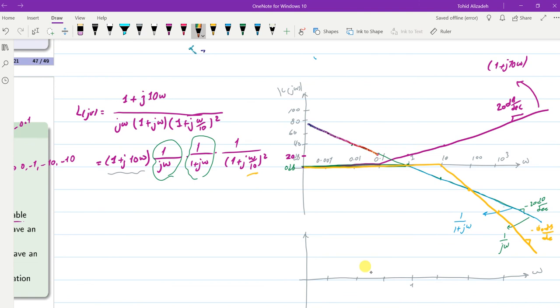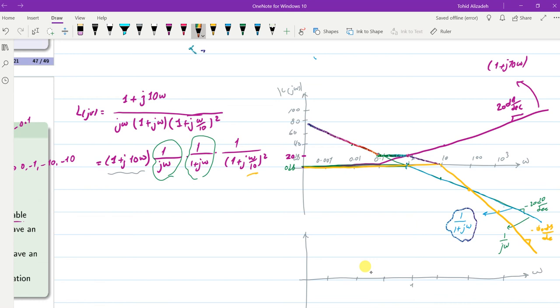After that, up to omega equal to 1, the 20 dB per decade slope will be cancelled by minus 20 dB per decade that we have from the pole, and as a result, we will have 0 dB per decade. Then we will have another minus 20 dB per decade introduced by this component here. So overall, we will have minus 20 decibel per decade after this point.